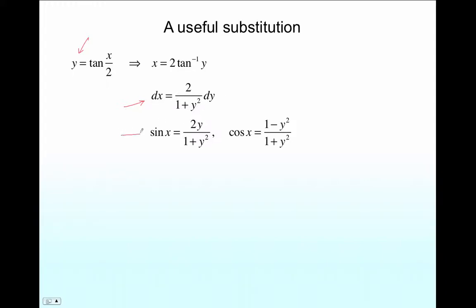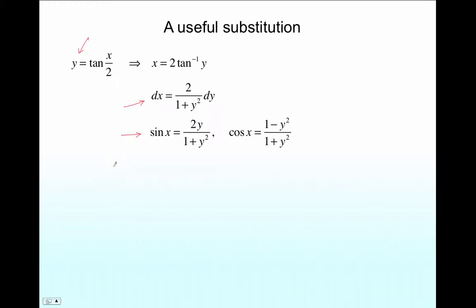And using the double angle formulae that you saw at the beginning of this lecture, you can immediately show that sine of x is then 2y over 1 plus y squared. Cosine of x is 1 minus y squared over 1 plus y squared.